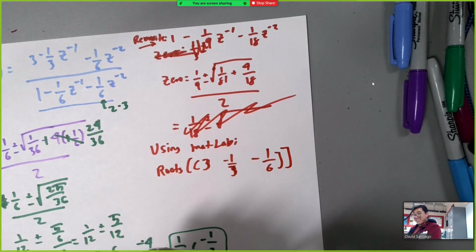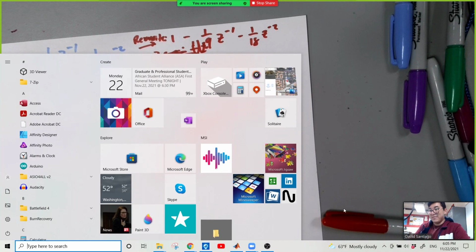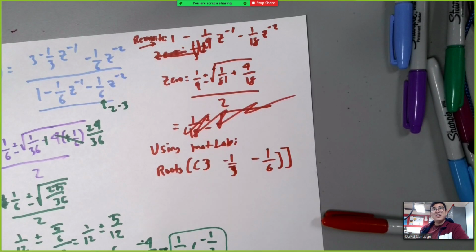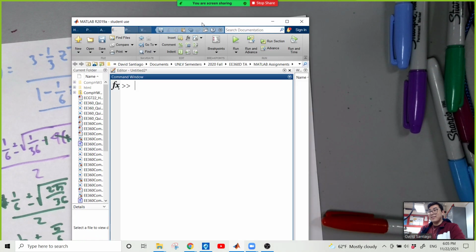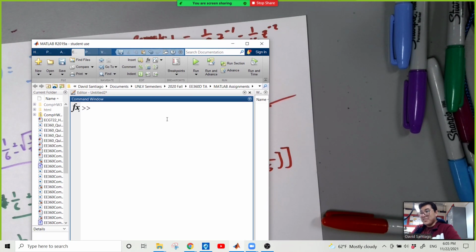So punching this into Matlab, and I'll show you this. Clear all. CLC. And I will show you the following. So roots of 1 over 3 minus 1 over 3 and minus 1 over 6.